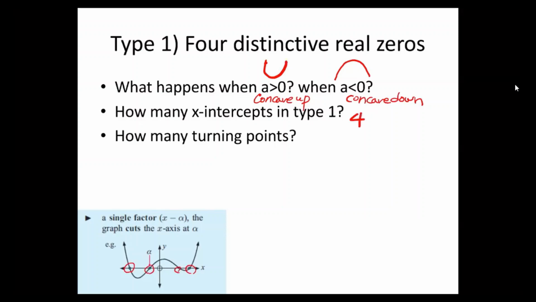So you have 4 intercepts. How many turning points do you see? 1, 2, 3. Very good. 3. All right. So can I move on? Do you guys have more questions on the first type? No. Okay, very good.